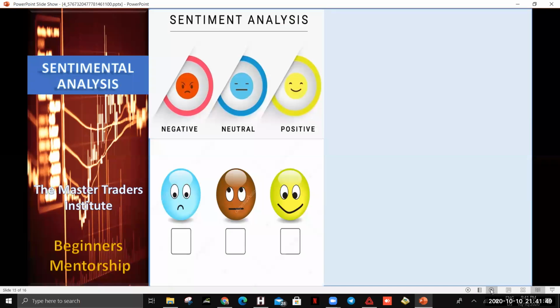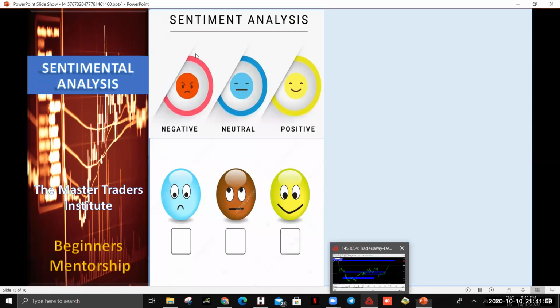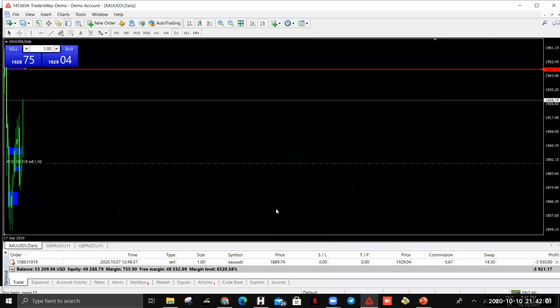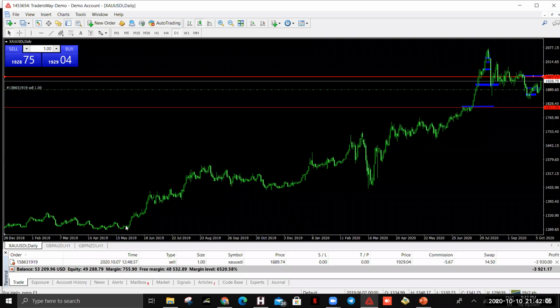Now, this sentimental analysis is just based on your own emotions. Since price has been going up, the emotion is that it must come down. Let me go back to that gold. Let me show you what sentimental is. Let me pick a trend line. Traders will say, since this price has been going up like this, when is it going to come down?